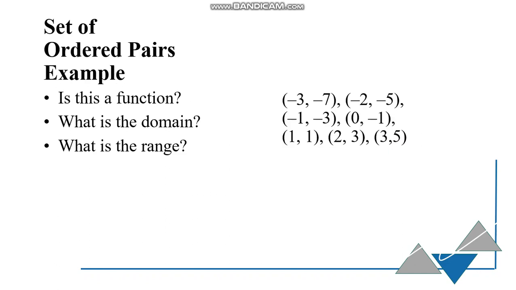Sometimes we're given a set of ordered pairs. Is this a function? So I need to look, do I have any x values that are being mapped to more than one y value? Well, if I look at all my x values, I don't see any duplicates at all.